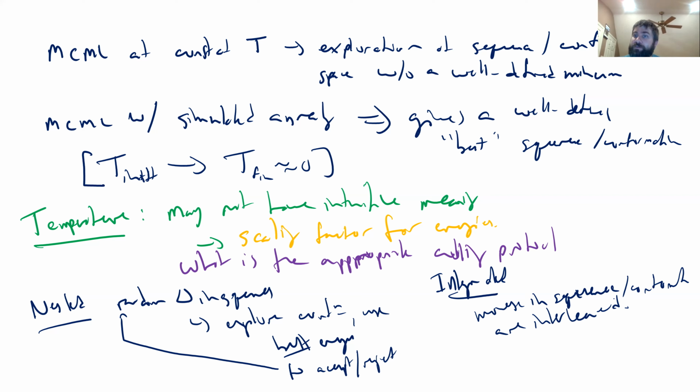It's also possible that you might have something in between, where perhaps there's a structure where you make moves in sequence intentionally less frequently, and you always make a certain number of moves in conformation before you make another move in sequence. And this would be somewhere in between.